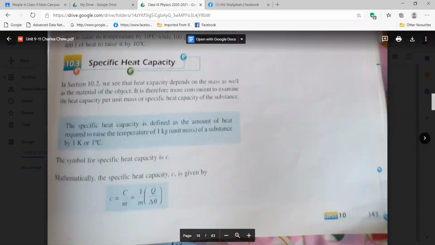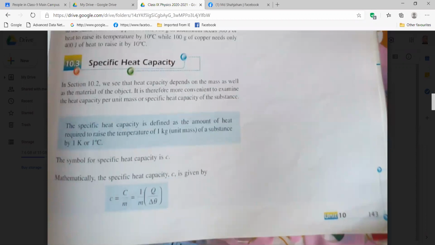In section 10.2, we see that heat capacity depends on the mass as well as the material of the object. It is therefore more convenient to examine the heat capacity per unit mass, or specific heat capacity, of the substance.